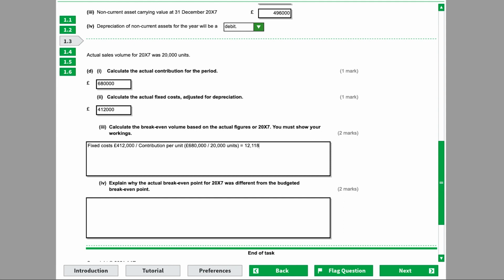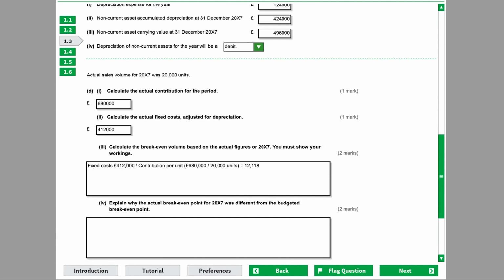It doesn't come out perfectly at that. It actually comes out at 12,117.64 units. We can't have 0.1, 0.2, 0.3 of a unit. So when it comes to units, we would always round up. Excellent. Right. Okay.